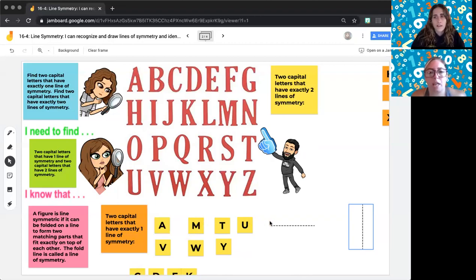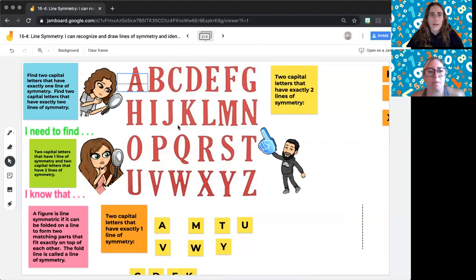Not the top and bottom, but both sides. Because if you were to take the top of the A and pull it down over the bottom, it's not going to match up the same way. The top of the A is very different than the bottom of the A. So if we were to fold it over, it won't match. What's on the top is not the same as what's on the bottom.